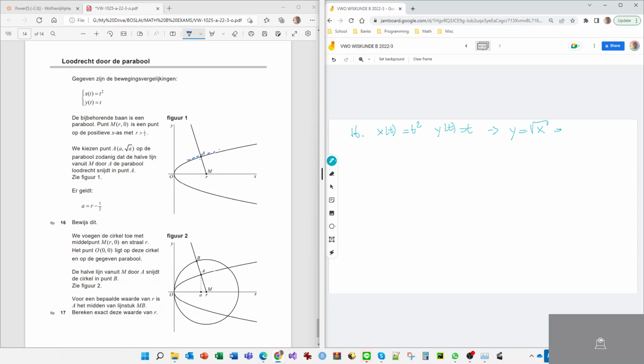So let's call that h of x. And the derivative is 1/2 x to the power minus 1/2.